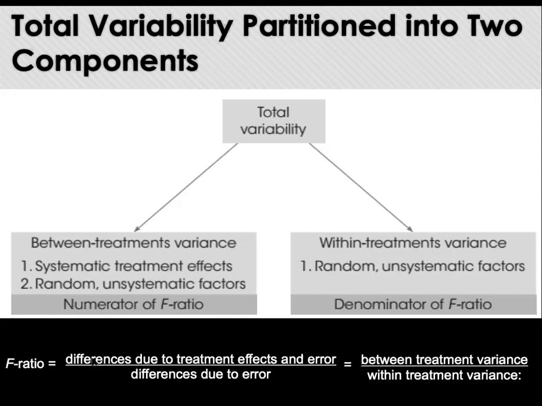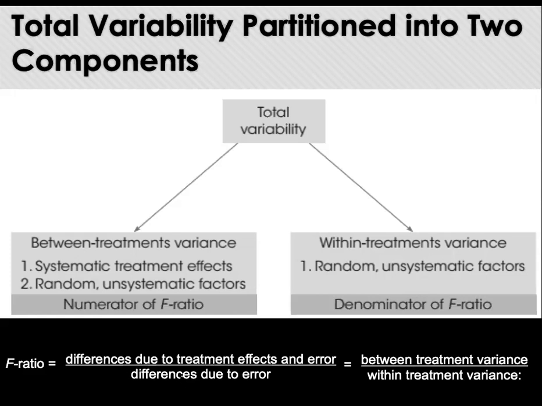So down here, F ratio is differences due to treatment effects and error. This is also known as between treatment variance. The denominator is the within treatment variance, which represents just the random unsystematic factors.